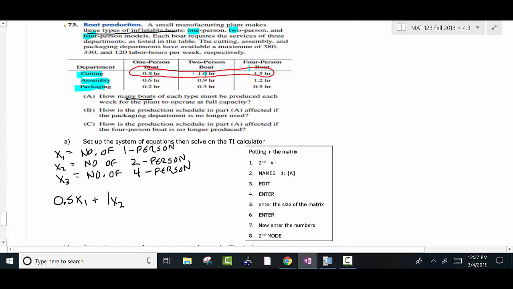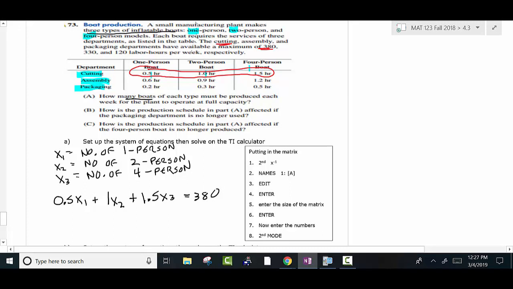Every time you have a boat, it takes an hour to cut the materials for a 2-person boat. And then finally, you'll have 1.5 x3. Now, you have to read the rest of the problem. The rest of the problem says that for cutting, you have a maximum of 380 labor hours available, so that's going to be equal to 380. So that's telling you these are the amount of times for each boat and each piece that you're on the cutting. That's the number of hours you have.